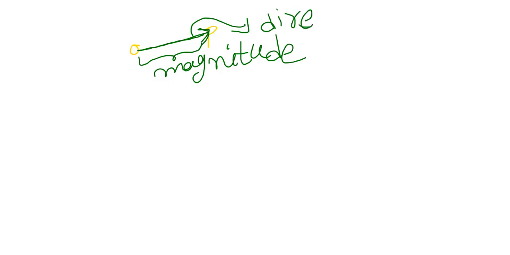This length is called its magnitude, and this arrowhead represents the direction in which the object moves. So a vector has both magnitude and direction. Generally, a physical quantity that has both magnitude and direction is called a vector.